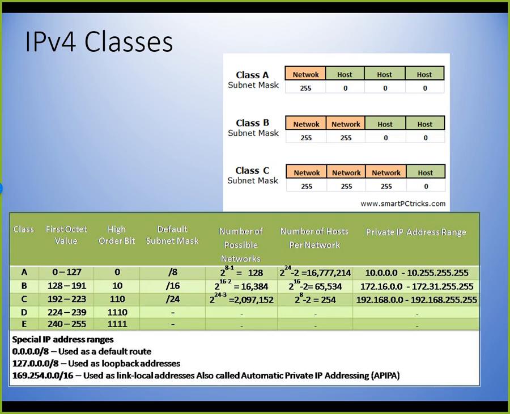And down here, the ranges as well as the way the binary starts, because if you get into a situation, particularly in a testing environment, and they ask what class is this one, and I don't remember it's 0 to 127, what I remember is it starts with a 0.